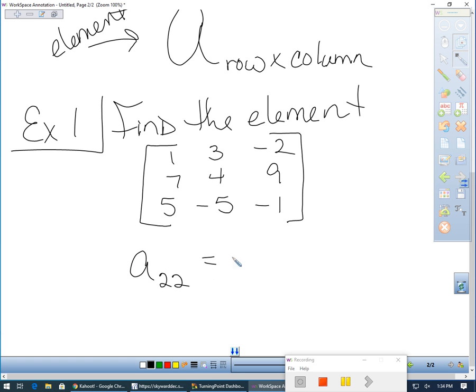It is, exactly. What if I said I wanted A31? Okay, what if I said I wanted A13? Good. All right, that's not hard at all, right? We're still good?